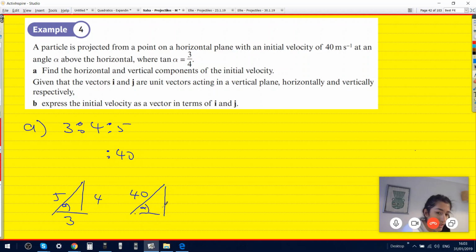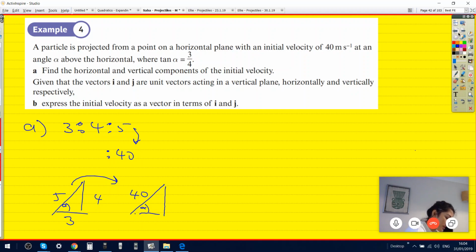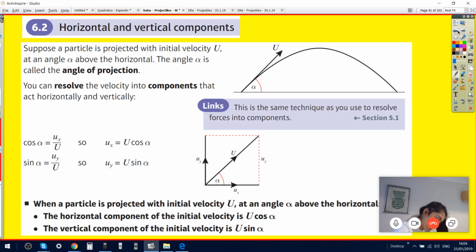So how do you work it out? What do you have to do to go from 5 to 40? If these are two triangles, maybe one's an enlargement. Times it by 8. Yep. So you times this by 8 as well?